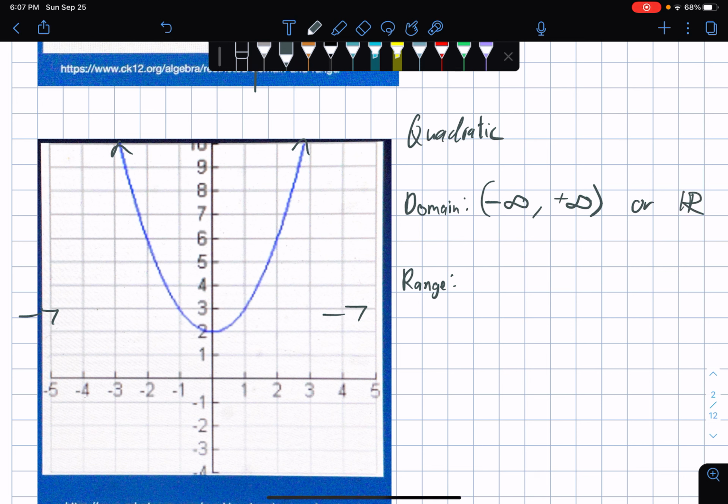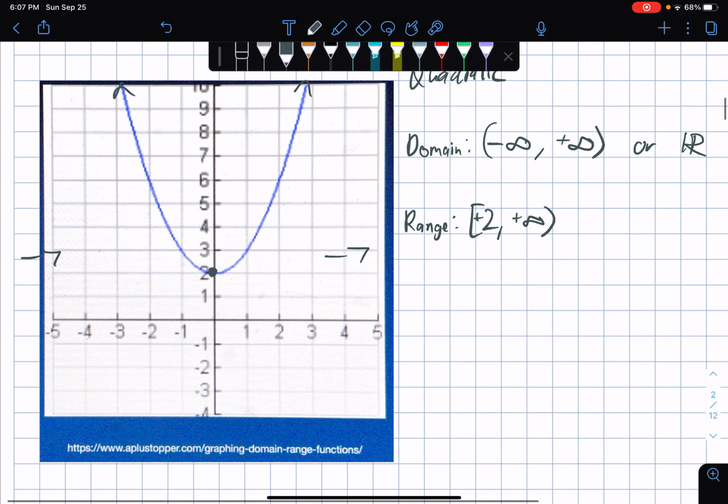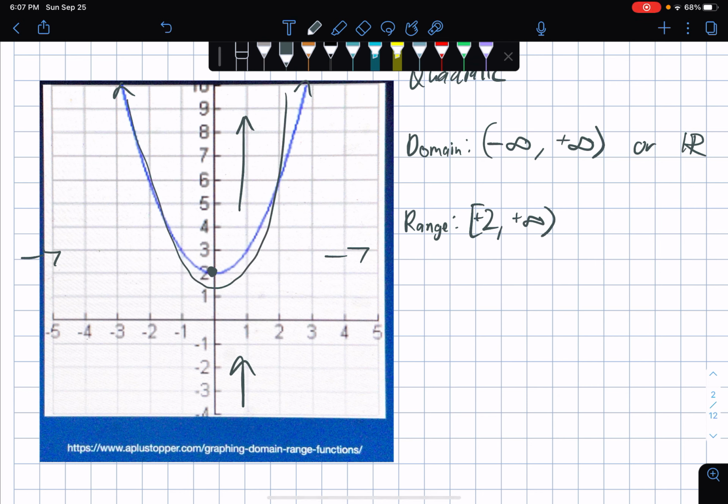As for the range, it's from 2, positive 2, all the way to positive infinity. Why? Well, as you can see here, generally if you want to measure the range, we start from the way bottom all the way to the top. And right now, this is the very bottom of the line.